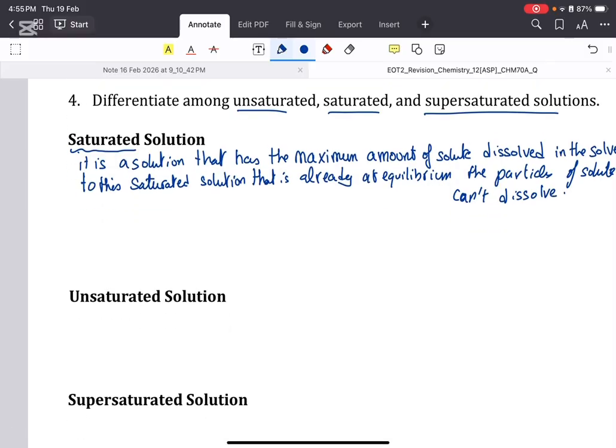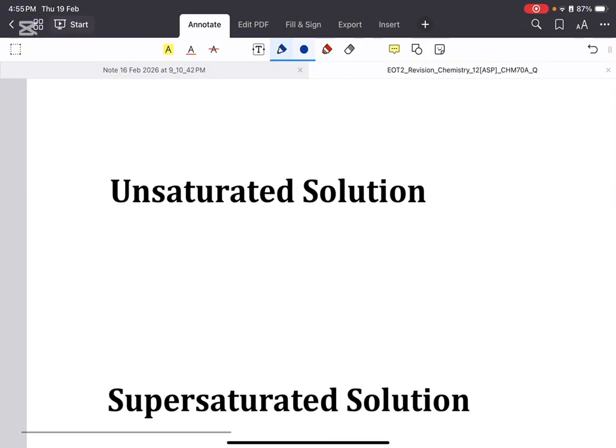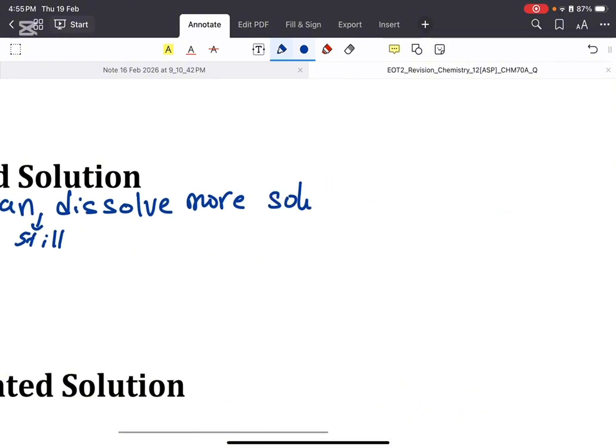Now, unsaturated solution, it means that you can still add more solute to dissolve it. So the solution can still dissolve more solute in it.